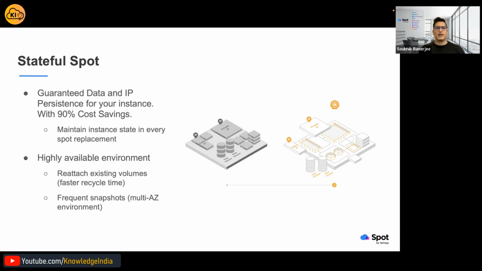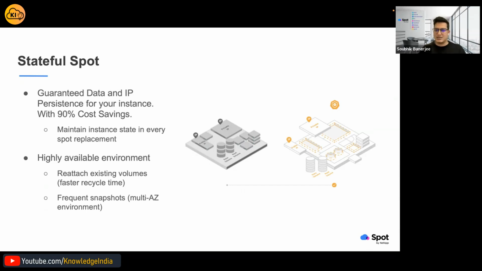Stateful Spot continuously takes snapshots of your EBS volumes or root volumes. In case of an interruption, it detaches that instance from the EBS volume, brings up a new instance, and retrieves the data from the older EBS volume to the newer instance.